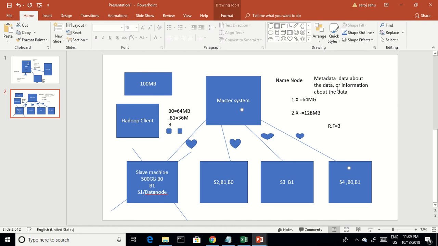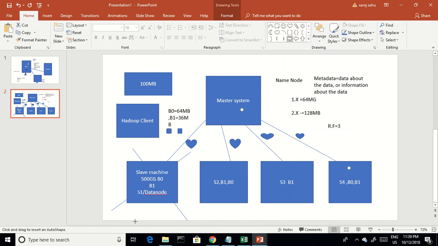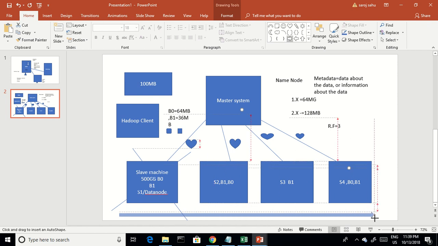And the master machine has the metadata, like data about the data, so that while reading the data, it will not search all the way from the first machine to the last machine, one by one, which would take a long time.